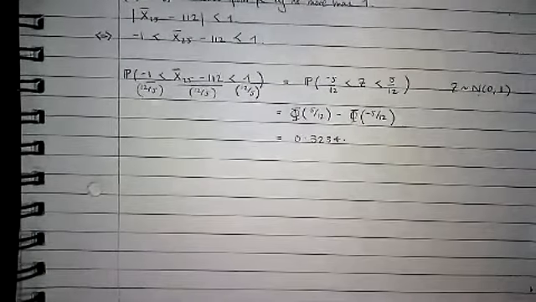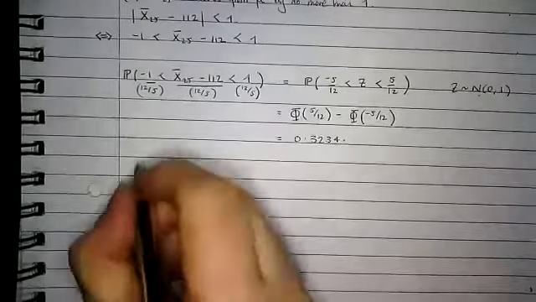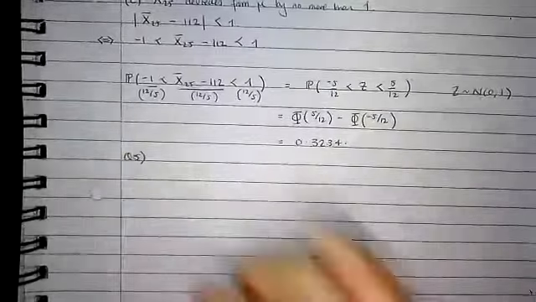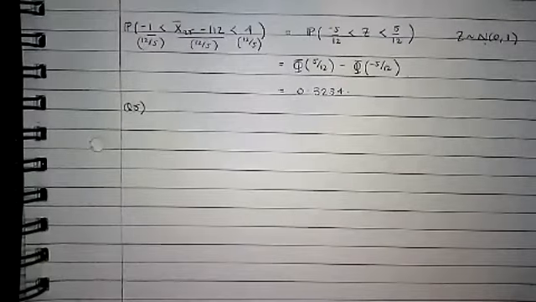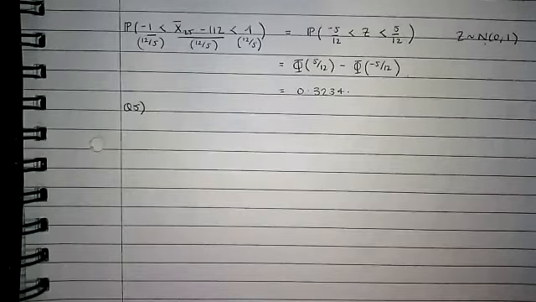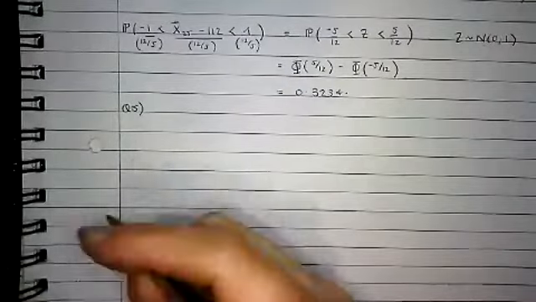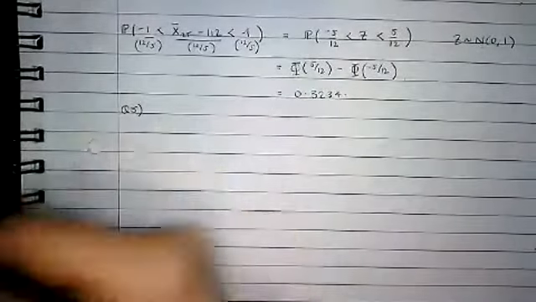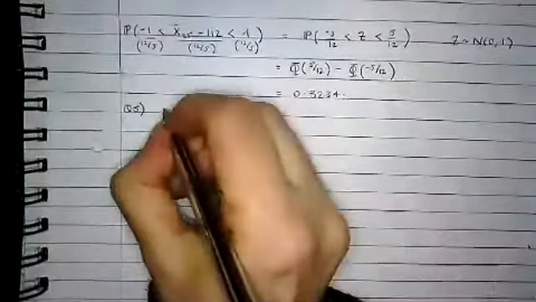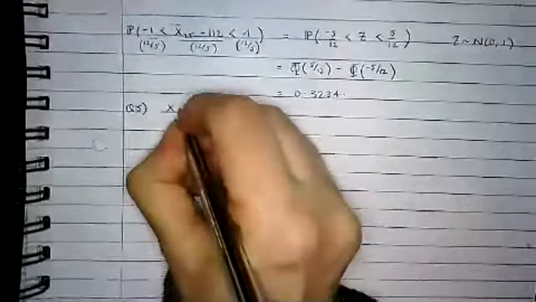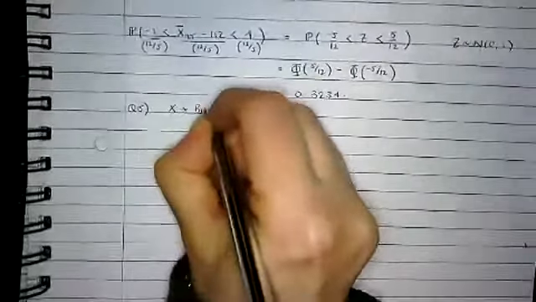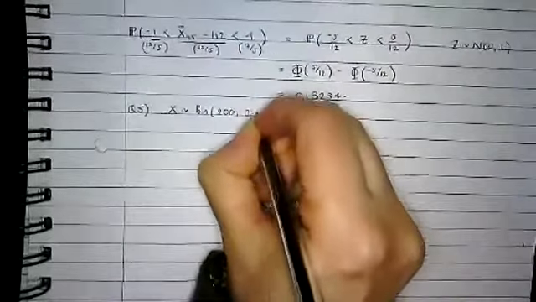The next one we're going to try together is question 5, and I want to start you off a little bit. We had 2 separate samples and a percentage of people supporting candidate A. In the first sample, the actual number of people supporting candidate A is going to be X, and X should be binomially distributed with parameters 200 and 0.65.